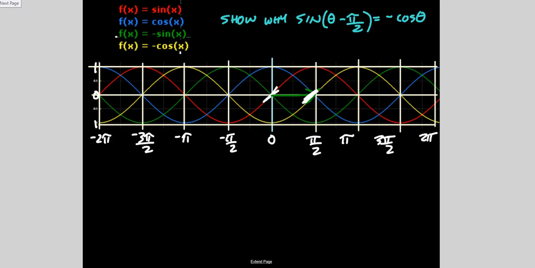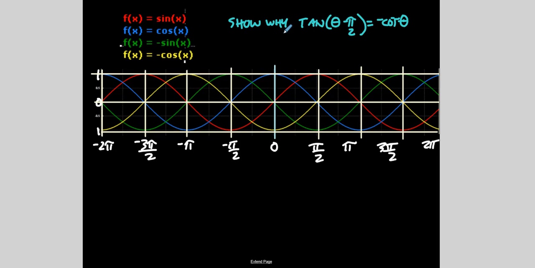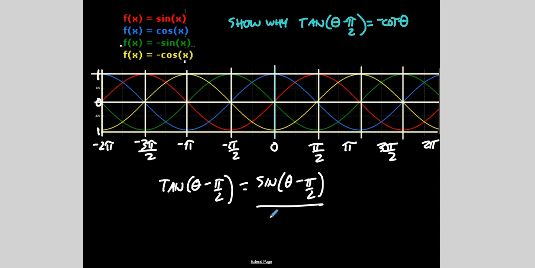Let's continue. Show why tan of theta minus pi over 2 is negative cotangent theta. Well, let's go back. So we know that tangent of theta minus pi over 2 has to equal sine of theta minus pi over 2 over cosine of theta minus pi over 2.